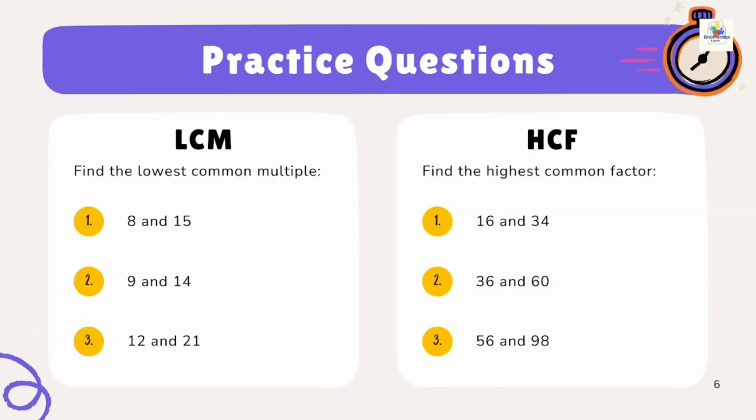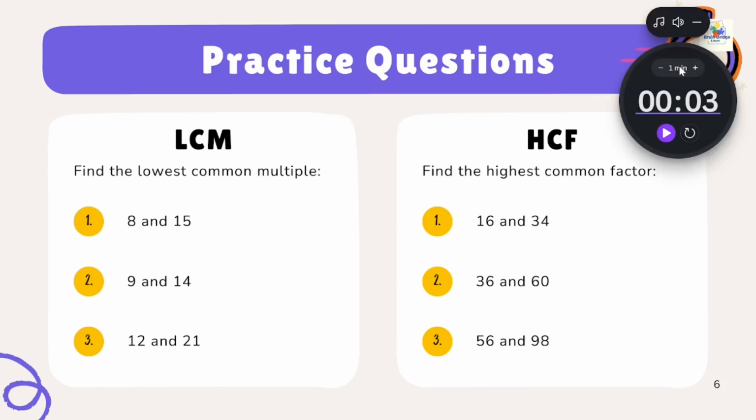Next we have some practice questions. First you have to find the lowest common multiple. This will be homework for you. You will have to answer these questions in the comment box. Find the lowest common multiple. The first question is 8 and 15. The second question is 9 and 14. The third question is 12 and 21. You will have a time of 1 minute. Your time begins.